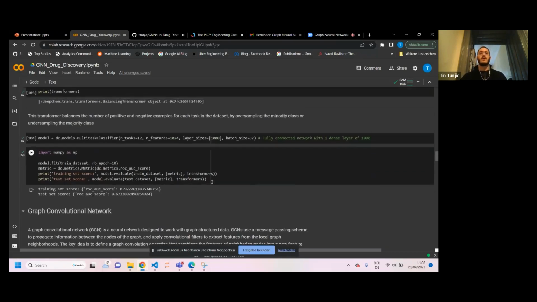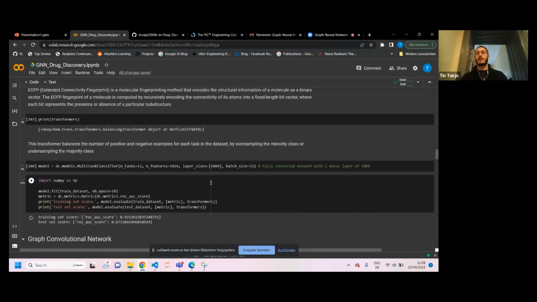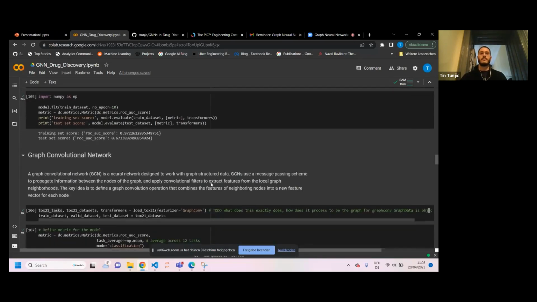So it's quite nice that we know that also by writing our own graph convolution network model and not thinking a lot about it, we can still obtain better prediction than this multitask classifier.